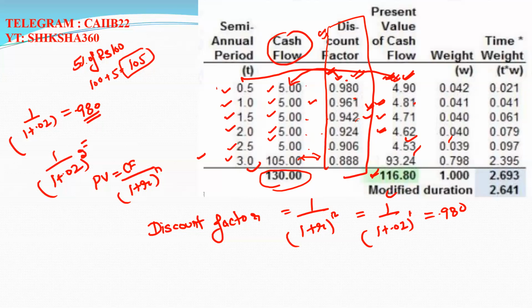Multiply directly, present value into the time. Like 4.90 into 0.5, we will get 2.45.